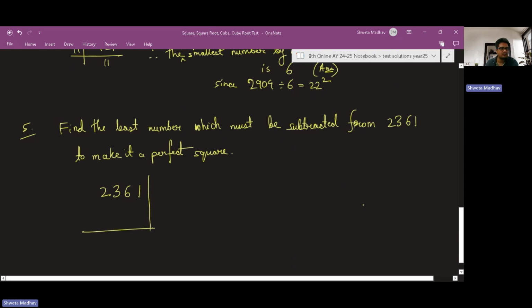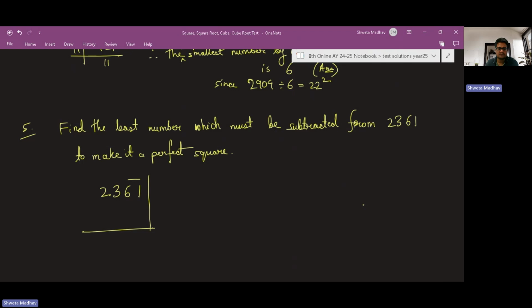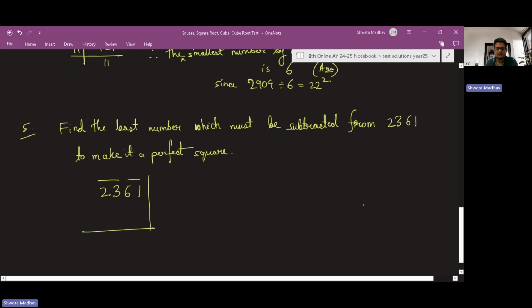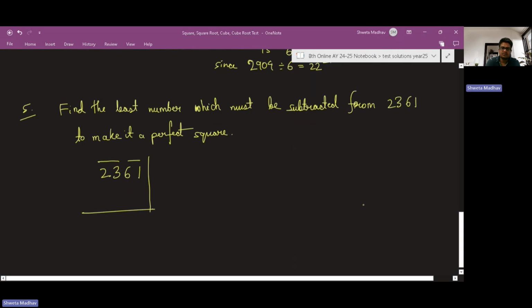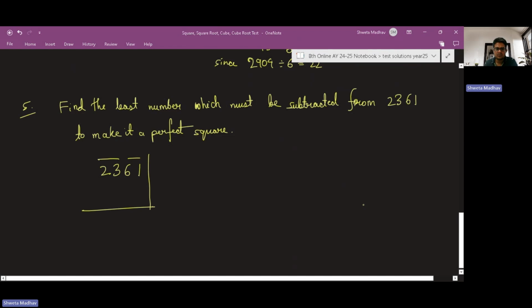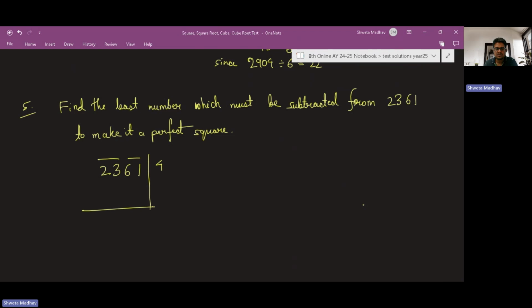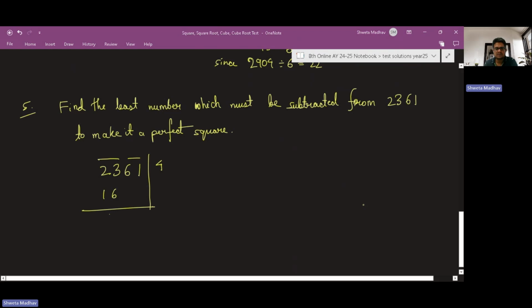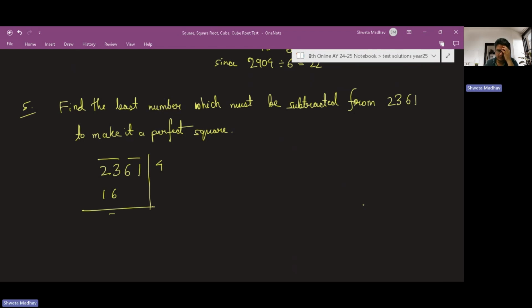So here we will form pairs from the rightmost end. Then we will find a number whose square is just close to 23. So that is 16, since 4 square is 16, 5 square is 25. So we should take 4. So 4 square is 16. Then 23 minus 16 is 7.